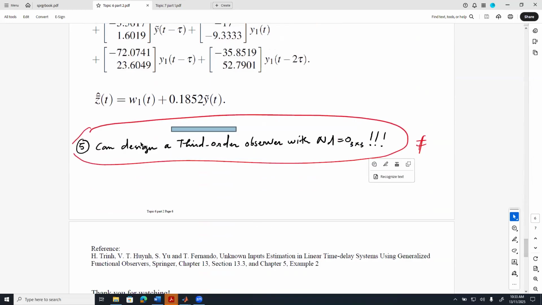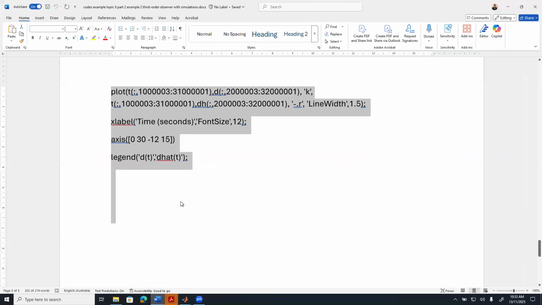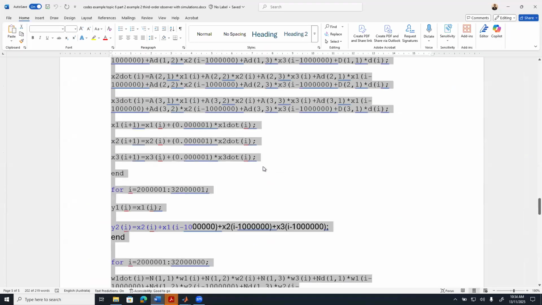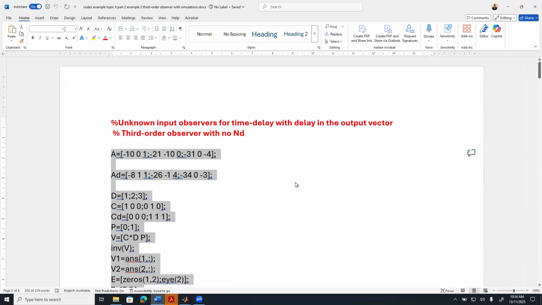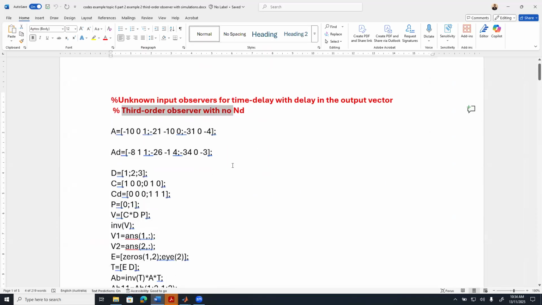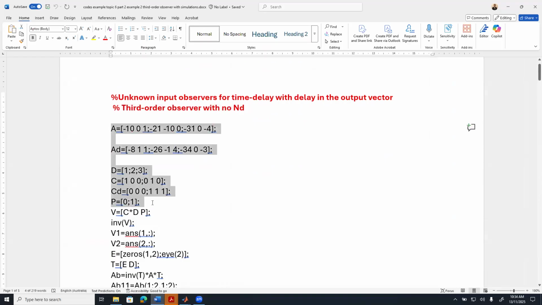Somehow when I did the simulation, it didn't give me the expected figures. So here is the simulation code of that example again, where we estimate an unknown input using a third order observer without an internal delay.